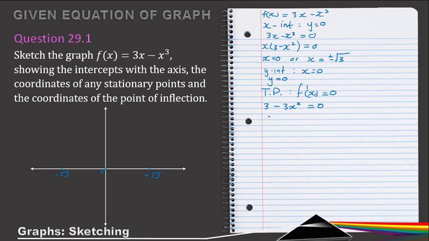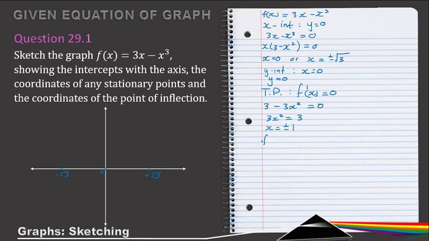So we've got 3x squared equals negative 3. When I took this 3 over to the other side, it became negative. Then I just divided both sides by a negative. And then, dividing both sides by 3 and taking the square root, we get that x is equal to plus or minus 1. All right, so our turning points are at plus or minus 1.